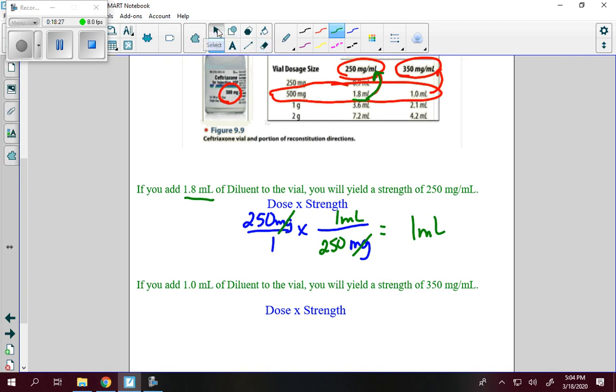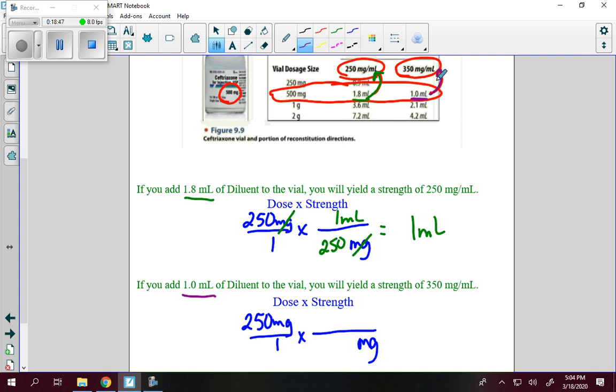Let's see what happens there. I still have the same dose. My patient still needs 250 milligrams. But my strength, now, if I dilute with 1 milliliter, is going to be stronger. Right? Less water makes it stronger. If you have less water in coffee, it makes it stronger coffee.